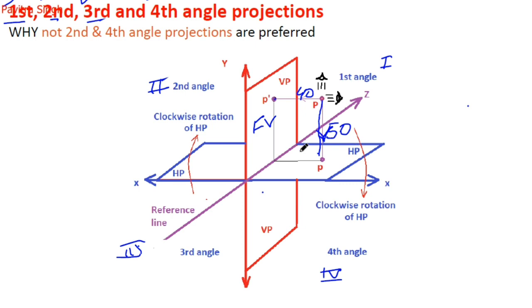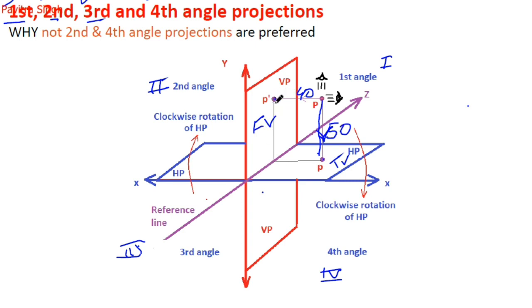If the observer is now looking at this point P from the top, in the vertically downward direction, the shadow of this point will be placed on the horizontal plane.